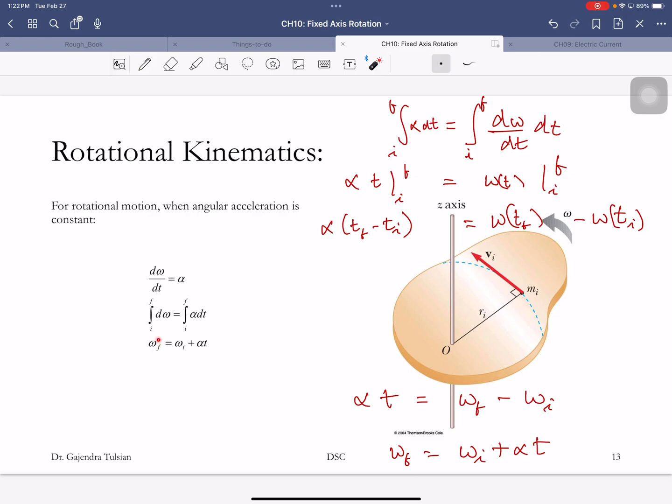So it's giving you your angular velocity as a function of time. What this is saying is when alpha is constant, omega is a linear function of time. If alpha is positive, omega is increasing with time, and if alpha is negative, omega is decreasing with time.